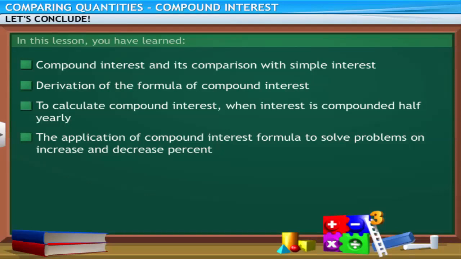In this lesson, you have learned compound interest and its comparison with simple interest. You also learned the derivation of the formula for compound interest. In addition, you learned to calculate compound interest when interest is compounded half-yearly and application of the compound interest formula to solve problems on increase and decrease percent.